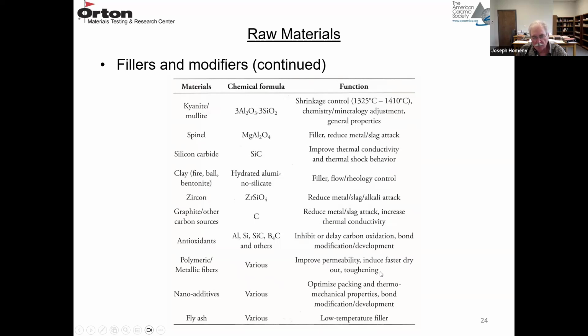Actually, it really improved thermal shock resistance. Nano additives would be very expensive, but they would affect how the phases develop in the matrix. And fly ash is another possibility. If it's in bubble form, it's a low temperature filler for insulation.